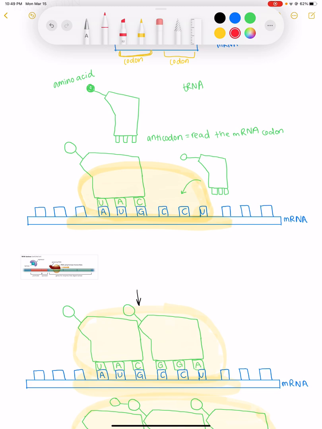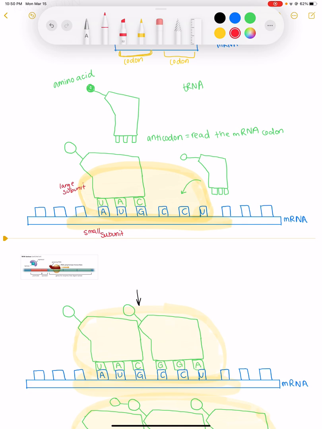So we have a large subunit at the top of the ribosome, and we have a small subunit at the bottom. So this tRNA will recruit this ribosome and say, okay, now we can start translating this messenger RNA strand to make our protein.